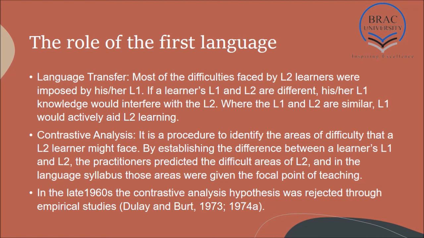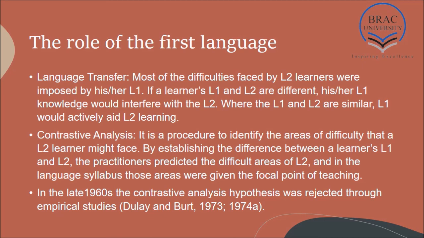So from this hypothesis, a procedure was devised which was called contrastive analysis. It is a procedure to identify the areas of difficulty that a second language learner might face. By establishing the differences between a learner's first language and second language, practitioners often predicted the difficult areas of the second language, and in the language syllabus, those areas were given a focal point of teaching.